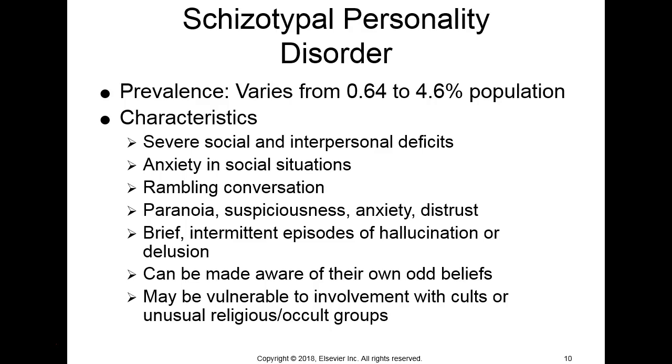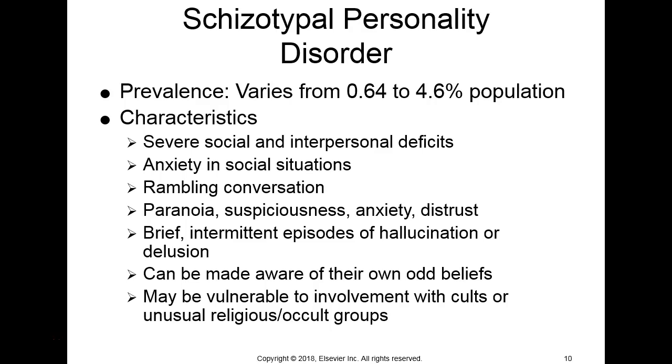So you might be able to talk them out of it a little bit easier, and you really can't talk out of a delusion if somebody has schizophrenia. They can be made aware of their own odd beliefs, and so it's possible to give them some feedback and kind of reinforce that that isn't a belief that most people would usually hold.